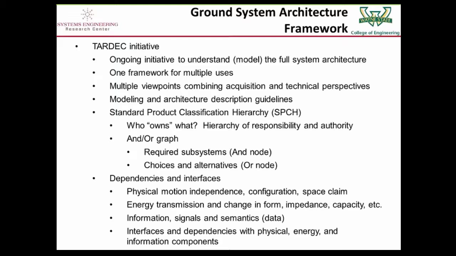And so they've started to articulate that as part of this entire framework. I'm not going to go into it too much, although at the end of this briefing, I included a few charts from a TARDEC presentation on the ground system architecture framework. So if it's of interest, we can get into a little more detail.